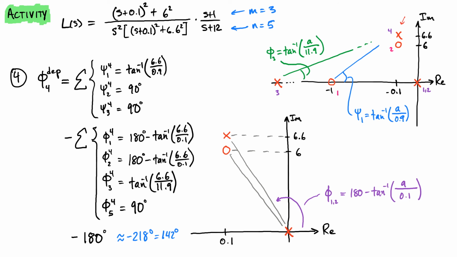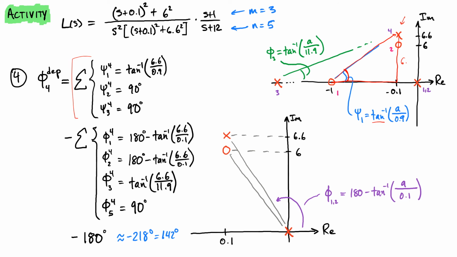In this case, let's take a look at the example of number 4 here. We're going to first evaluate the angles from all of the zeros, and add those up. That's what this first bracket is all about. This angle is the angle at which this zero looks up at 4. The basic trig we can use is the opposite over adjacent leg using the arctangent, or inverse tangent.